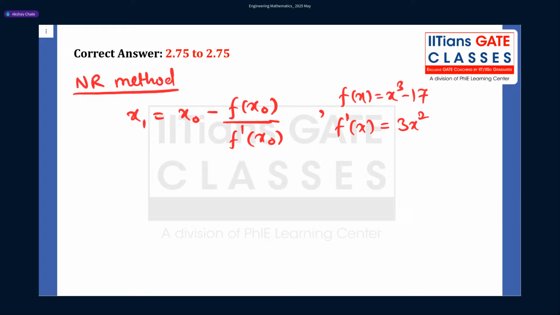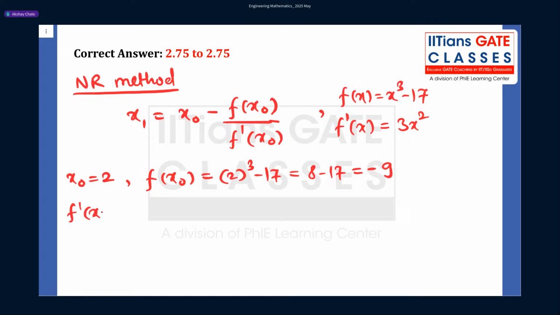What you need to do is to find these values. They have given x0 as 2 in the question. So what is your f of x0? That will be 2 cube minus 17, so 8 minus 17, that is minus 9. And what is your f dash of x0? That is 3 into x square, so 3 into 2 square, 4 into 3, 12.